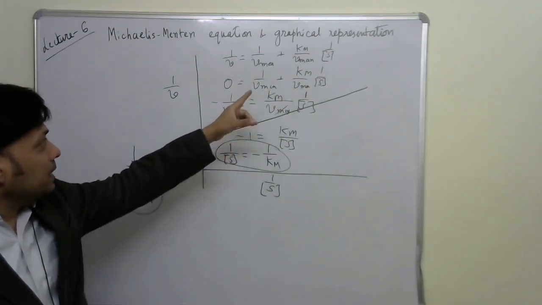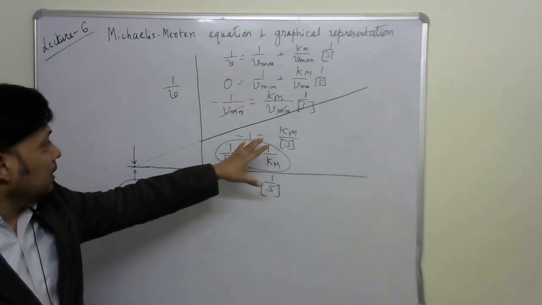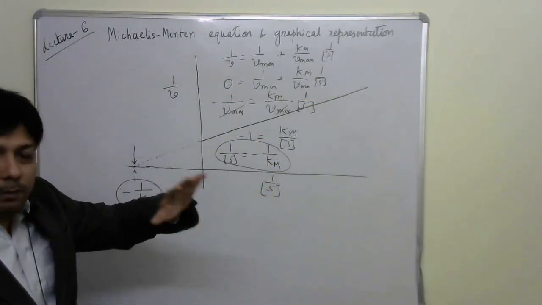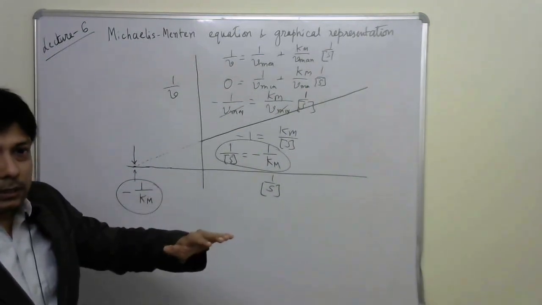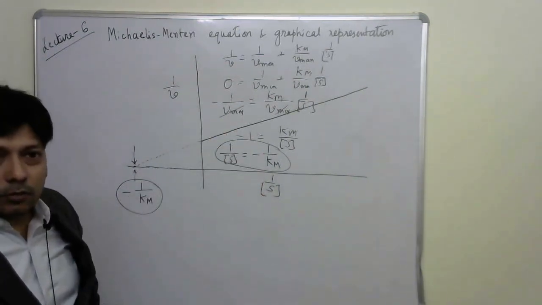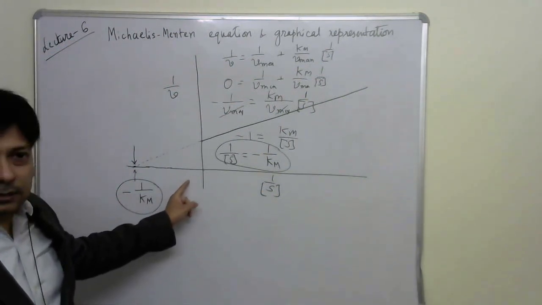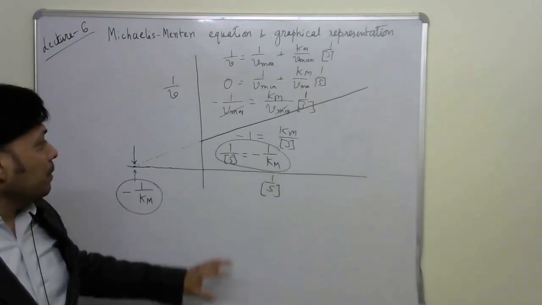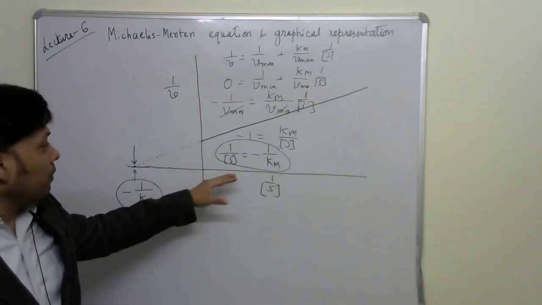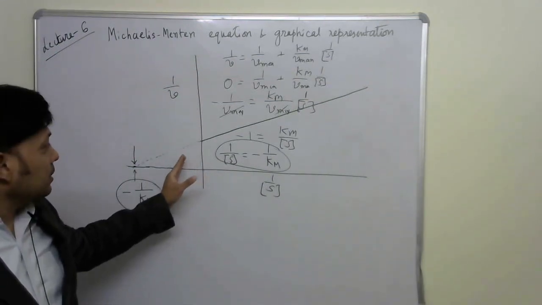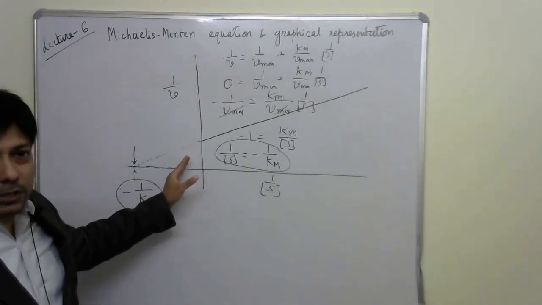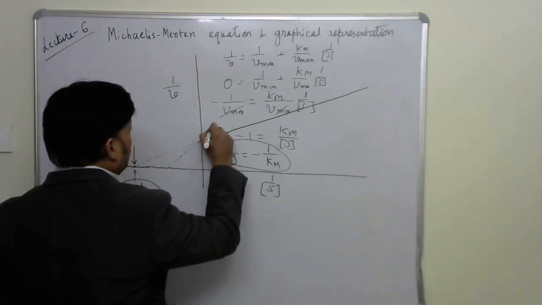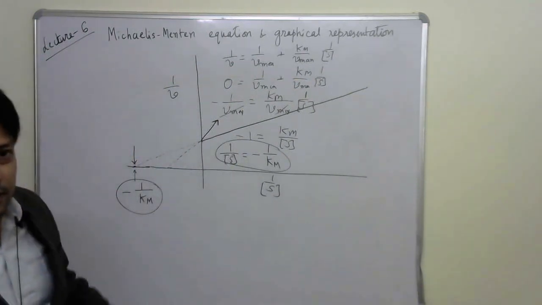The slope is Km by Vmax, and I am considering that the Vmax is the same, only the Km gets increased. So can you draw that from here? Please try to do that. The intercept is the same, but we have a higher Km value. So how would it look like? That means the slope is higher, so the line would look something like this, isn't it?